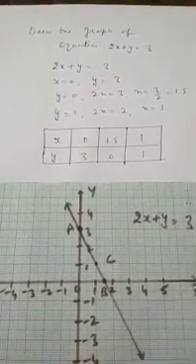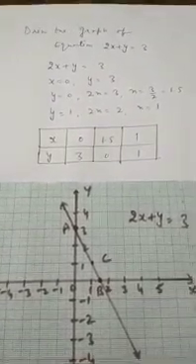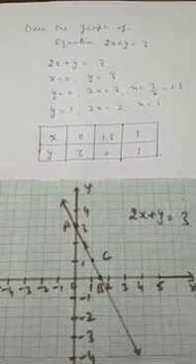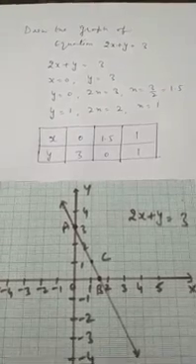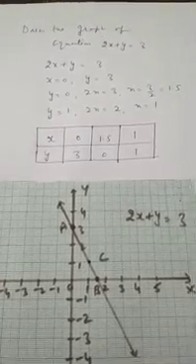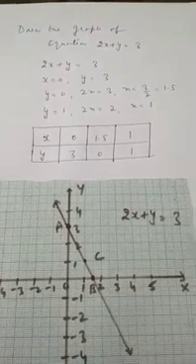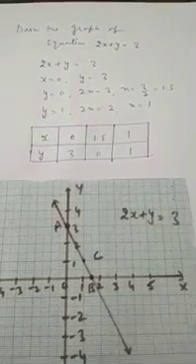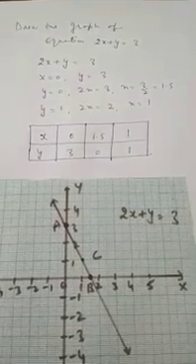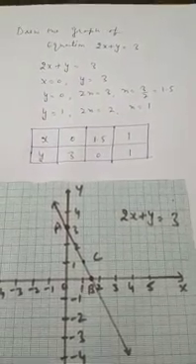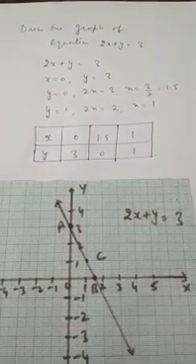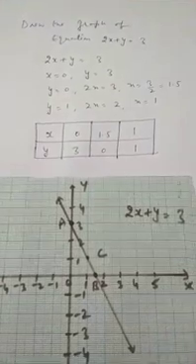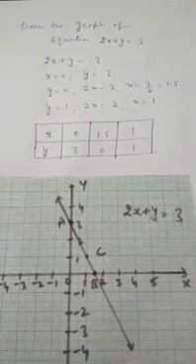Positive y on the upper side, negative y on the lower side, and the same scale on the x-axis as well as on the y-axis. x is 0 and y is 3 is shown by point A. x is 1.5 and y is 0 is shown by B. x is 1 and y is 1 is shown by C. If I join them, again I am getting a straight line. It means again my graph is correct.